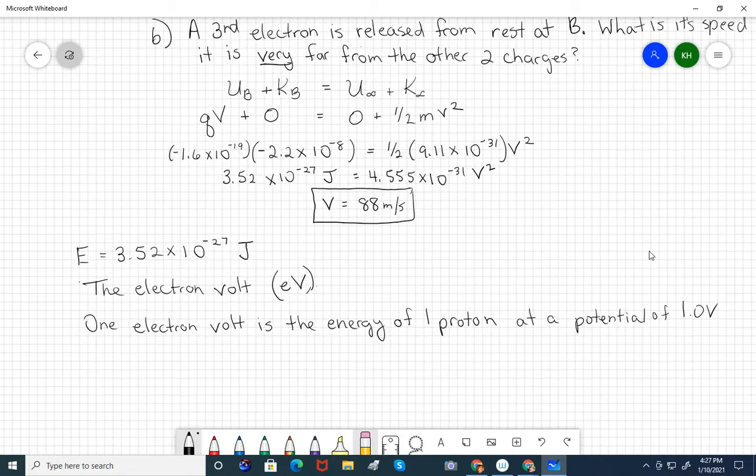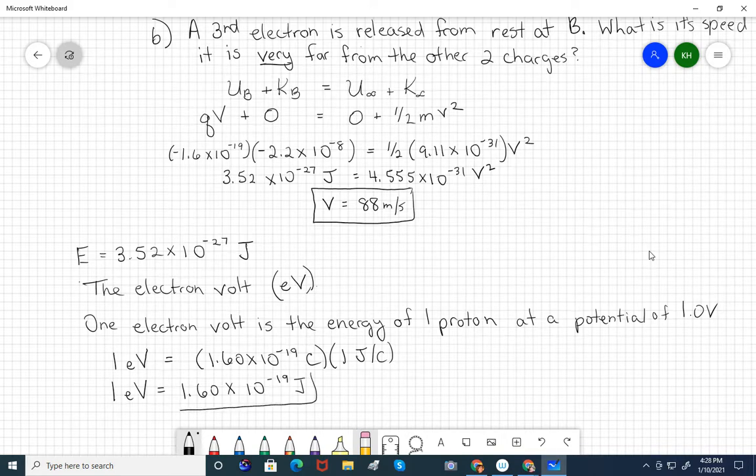In other words, it's QV. So 1 electron volt. Well, what is that charge? One proton is 1.60 times 10 to the negative 19 coulombs. 1 volt is 1 joule per coulomb. So we find out that 1 electron volt is equivalent to 1.60 times 10 to the negative 19 joules.